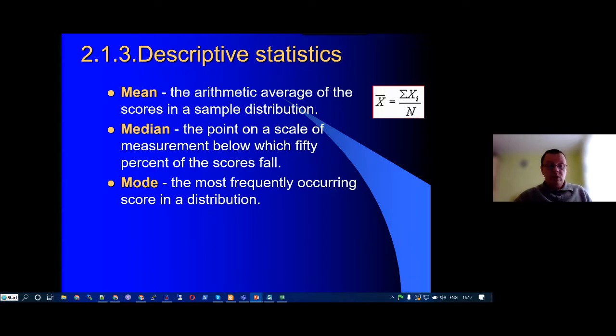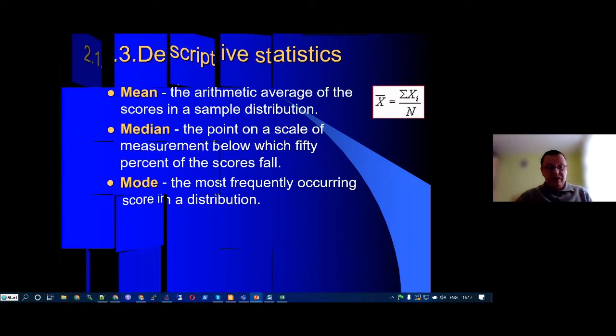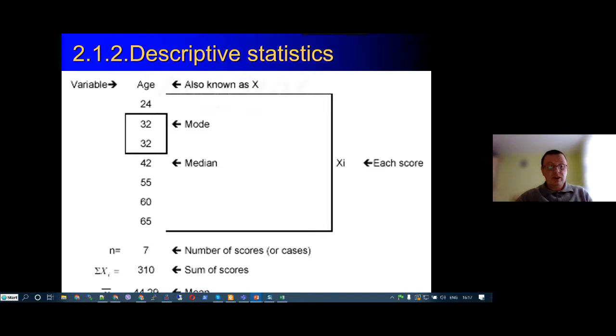Technically, here we have the most common descriptive statistics, which allow us measures of central tendency like mean, median, mode, and others. And here we have an example of a variable, for example, age of patient, known as X. We have only a very small data set which consists of 7 observations, so the sample size is 7 in this case, or number of scores or cases.